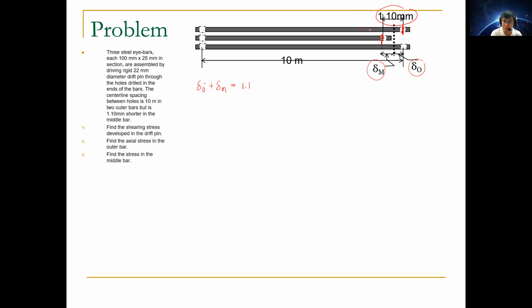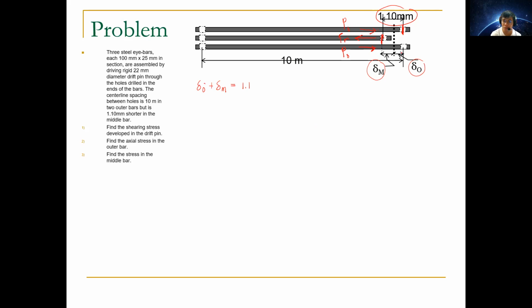So katong dire, then this one is pulling, and then this one is pushing, di ba? So probably the movement is caused by those forces. So PO, PM, and then PO on the outer side.